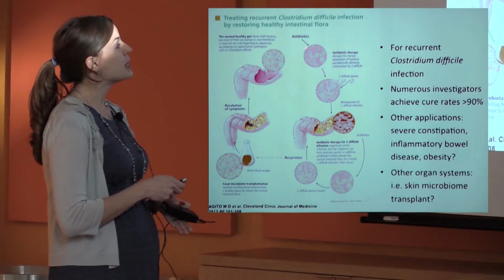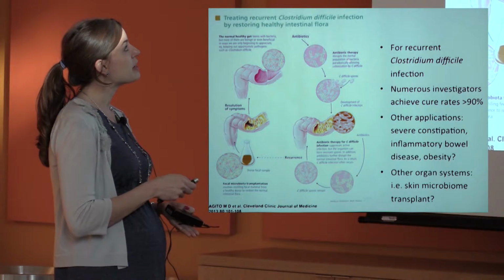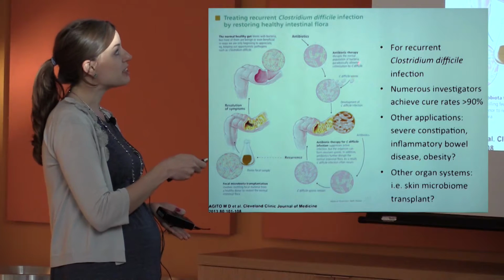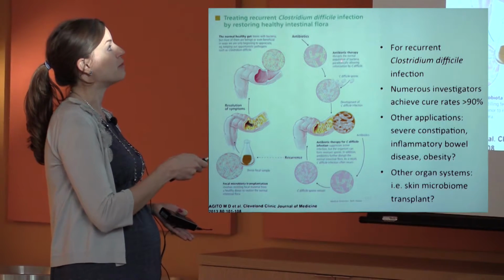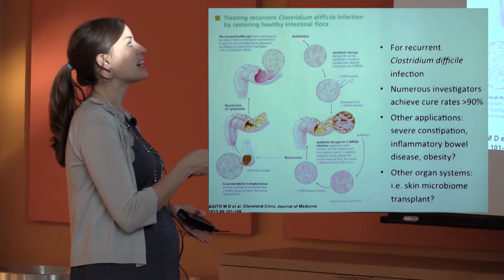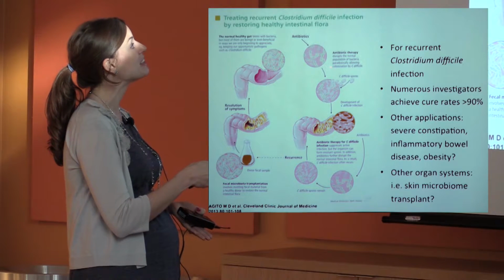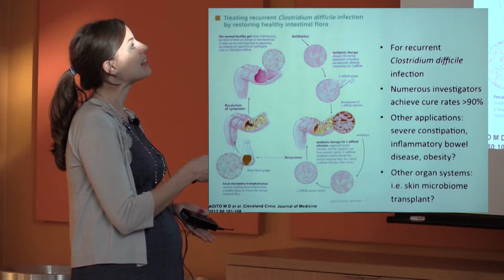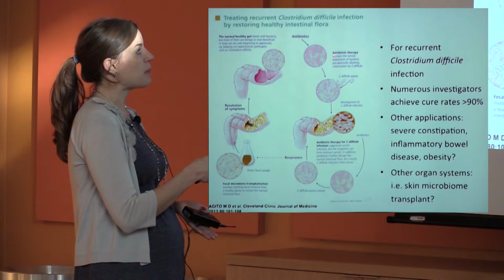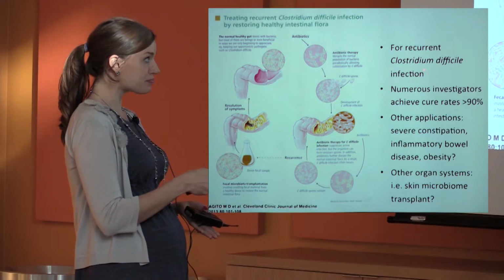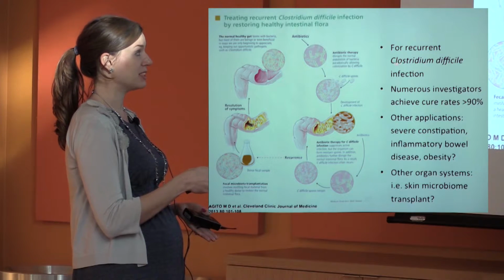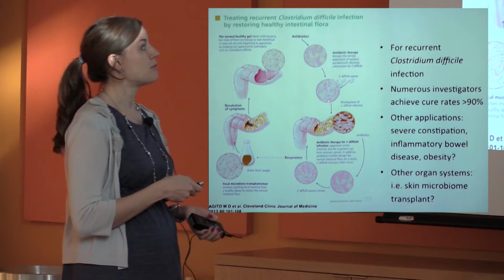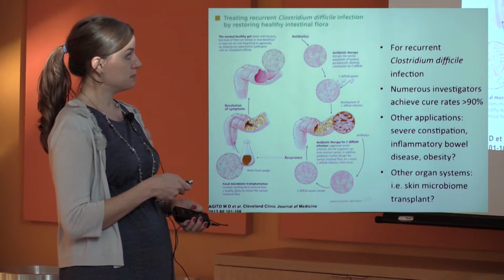And when you're given an antibiotic, it just completely decimates your gut microflora. So normally you have a nice amount of colonization, then it wipes out most of the bacteria when you're given these broad spectrum antibiotics. And this particular type of bacteria is resistant to antibiotics because it forms spores.